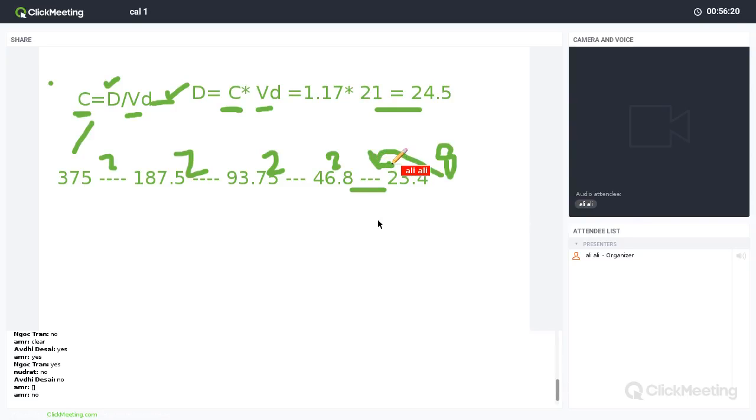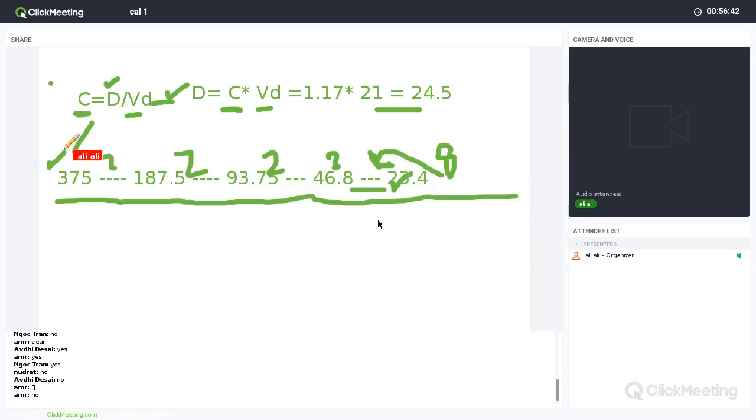The amount of medication in the body is 23.5 after 8 hours, which is the right dose. Okay, now is it clear? Same as concentration: if he asks about concentration, we start with the initial concentration. If he asks about the dose, we write the dose.